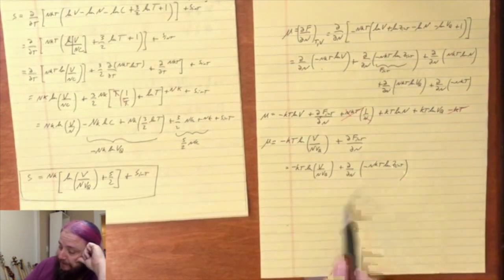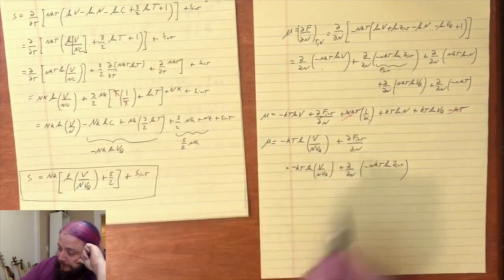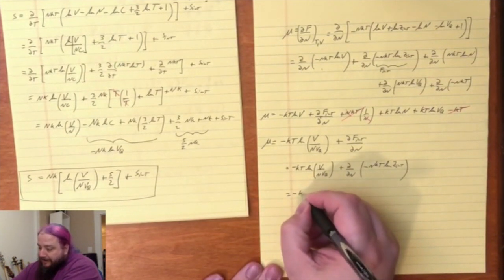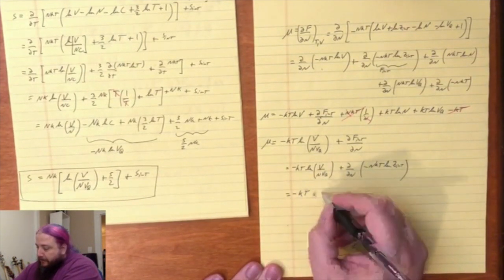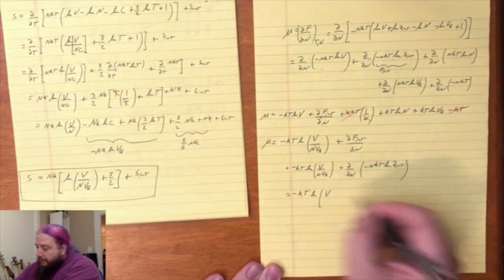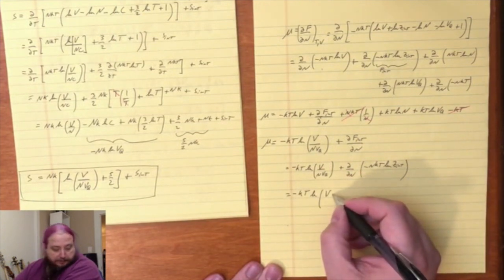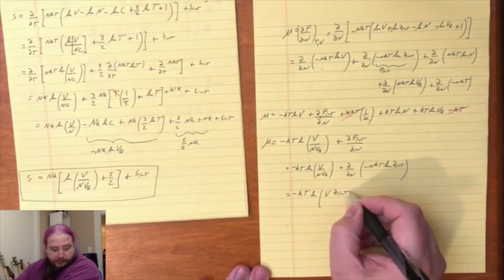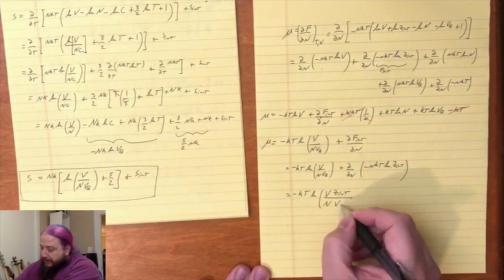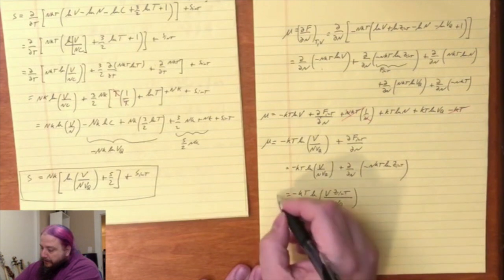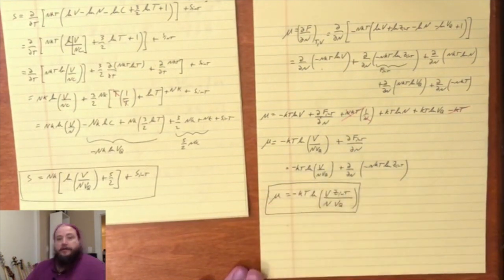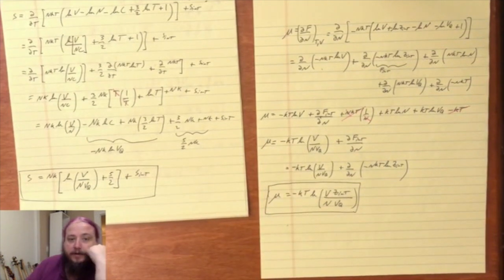So the only n dependence here is this one, and so this just gives us a minus kt times the logarithm of v z interior over n and the quantum volume, and that is the chemical potential of our ideal gas.